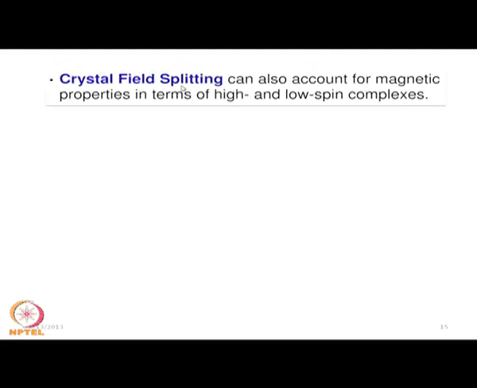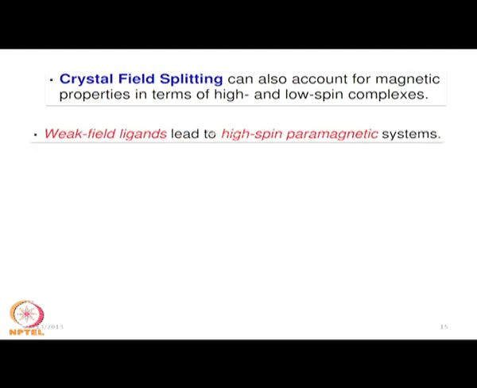So, we can have delta, and this delta gives us the corresponding crystal field splitting, and it can account for magnetic properties in terms of high and low spin complexes. These high spin and low spin complexes we can have depending upon the nature of the ligand and the amount of splitting. So, weak field ligands lead to high spin paramagnetic systems.